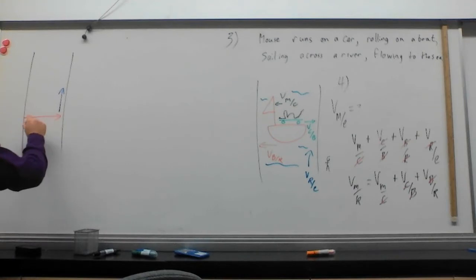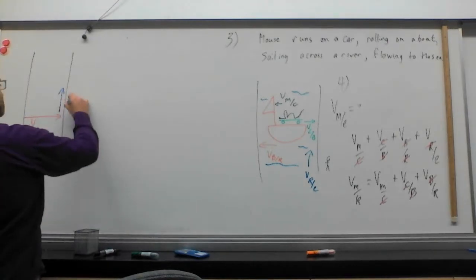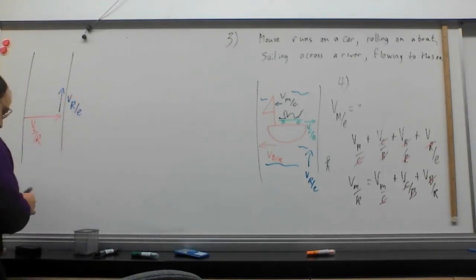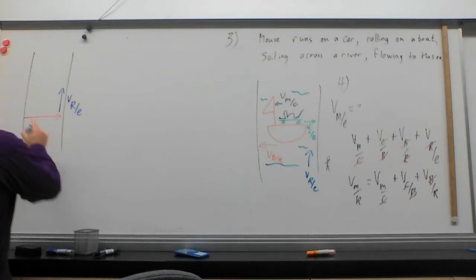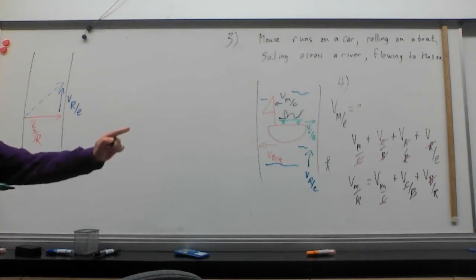Okay? So this is going to be the velocity of the swimmer with respect to the river, and this over here will be the velocity of the river with respect to the earth. And then, of course, there is this green line here. What's that going to be? Well, let's take a look at equation 4.